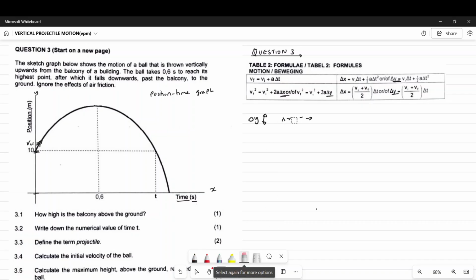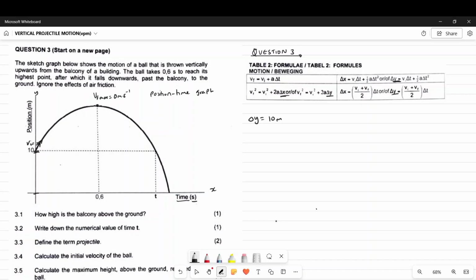Now let's analyze the information. That's the first thing that you want to do. Delta y is equal to 10 meters. And this time over here, 0.6, is the maximum time. At the maximum height we know v final is 0 meters per second.